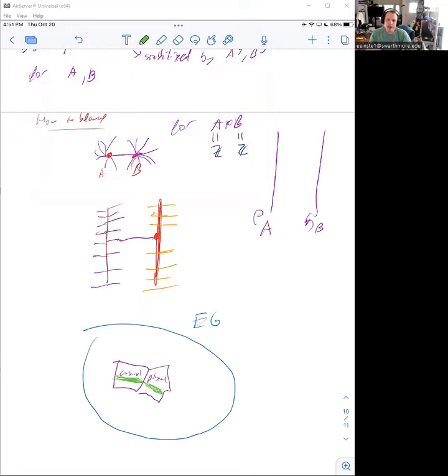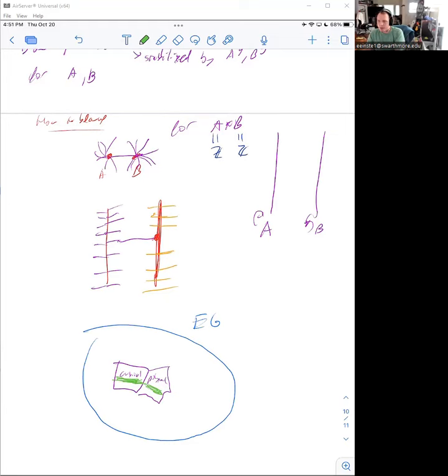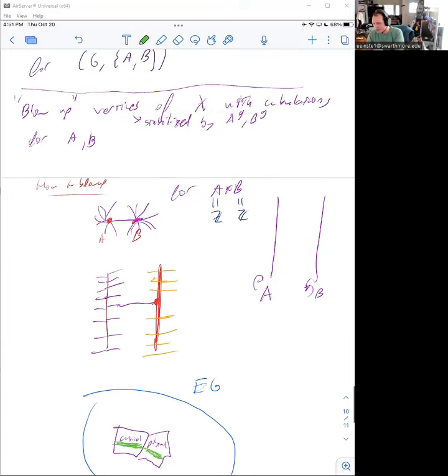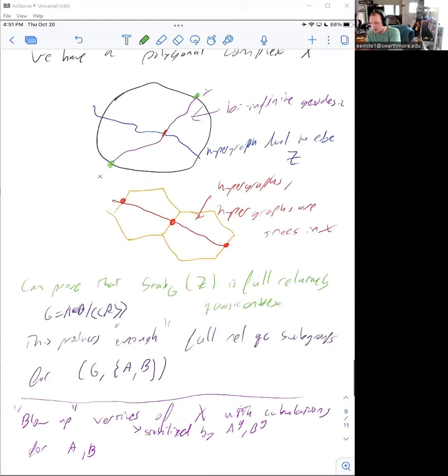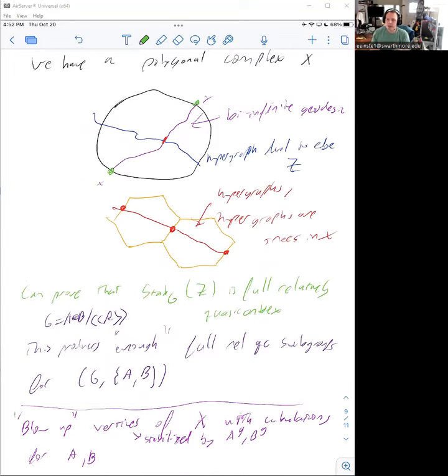And this will provide enough. So taking the stabilizers of these hypergraph type things, except where they're made out of cubical hyperplanes and opposite edge connections, and taking the walls that you had from down here, you'll build a sufficient collection of full relatively quasi-convex subgroups to get a relative cubulation of your small cancellation free product. Okay, and I should probably stop there.